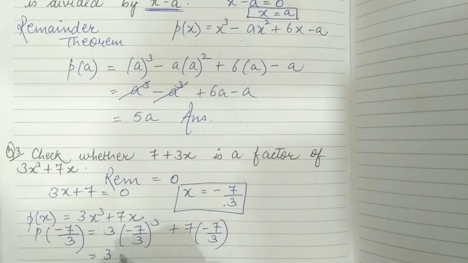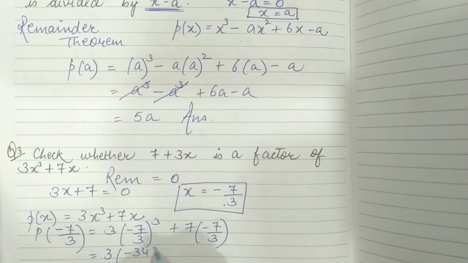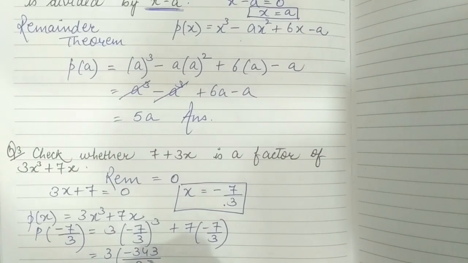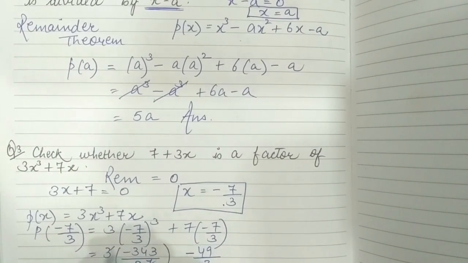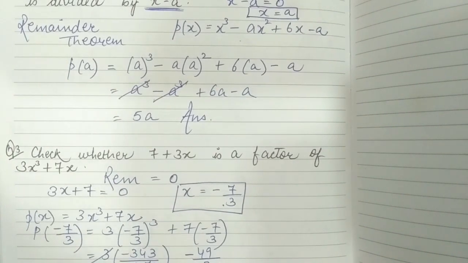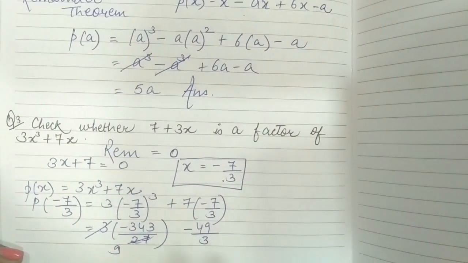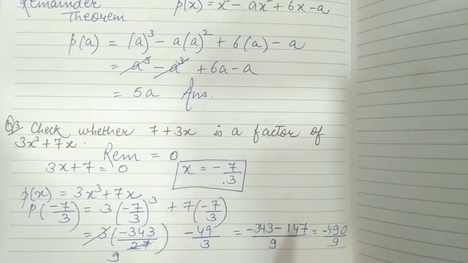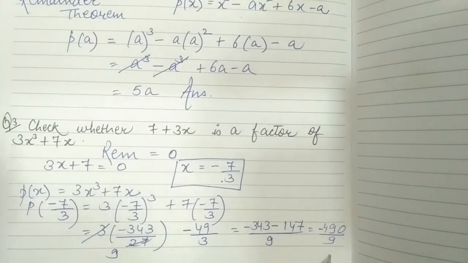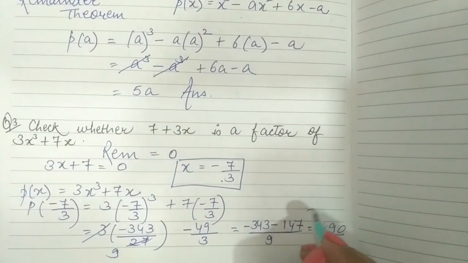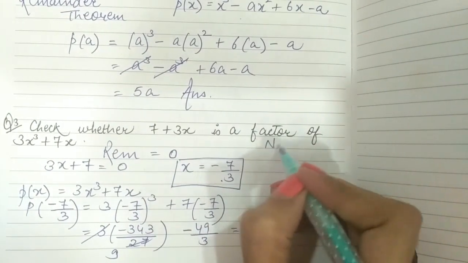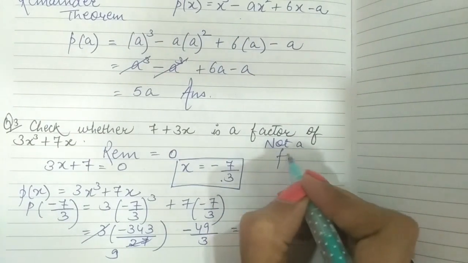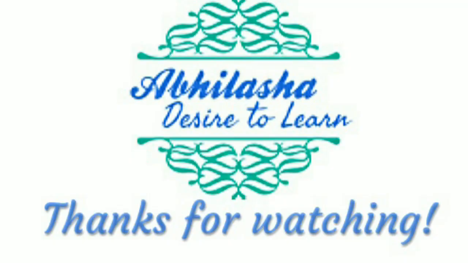The cube of 7 will be 343 and the cube of 3 is 27, minus 49 by 3. Take the LCM. You will get the remainder as minus 490 upon 9, which is not equal to 0. So 7 plus 3x is not a factor of the given polynomial.